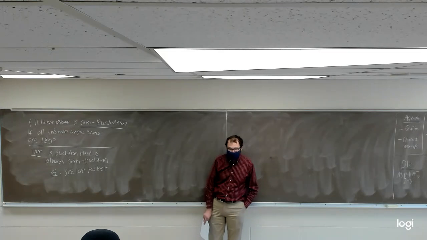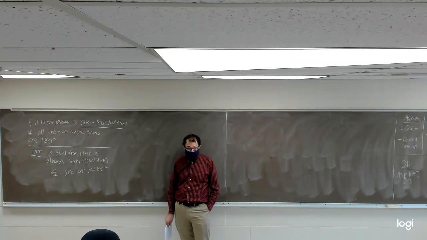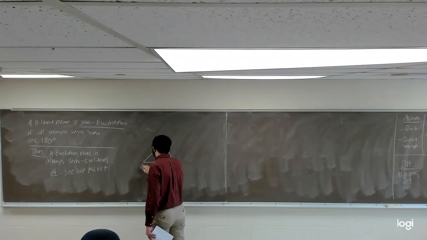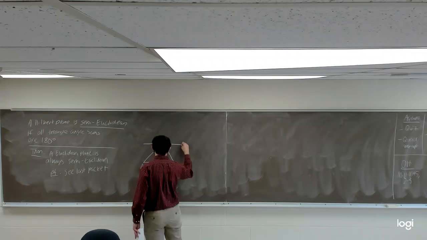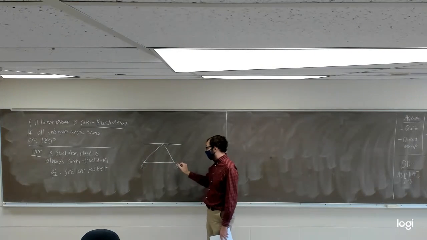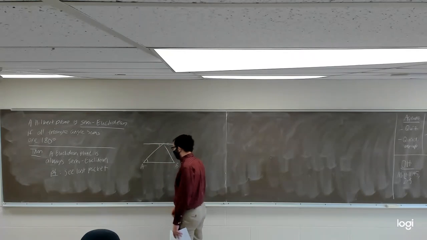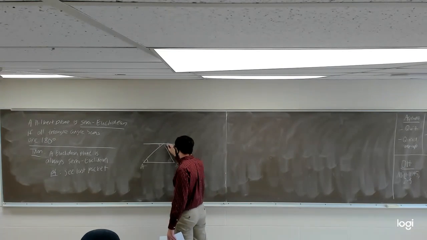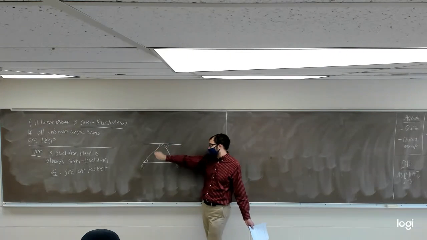The way we did that was by combining applications of the alternate interior angles theorem, where this is A, this is B, this is C. We formed a line through C that was parallel to AB. A has to be congruent to that angle from the alternate interior angles theorem, and B has to be congruent to that angle by the alternate interior angles theorem if these two lines are parallel.